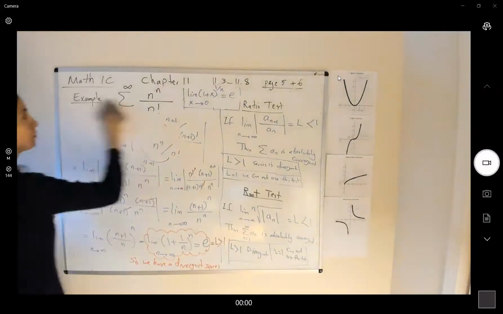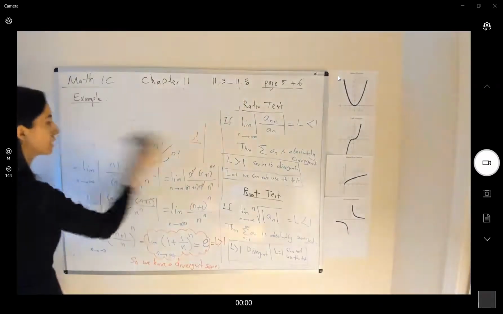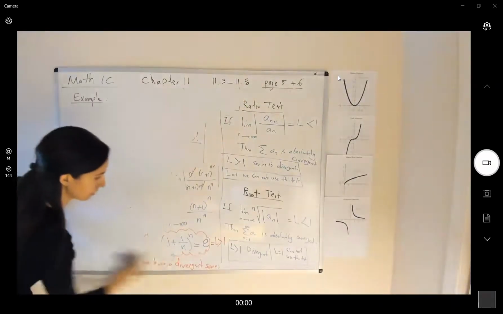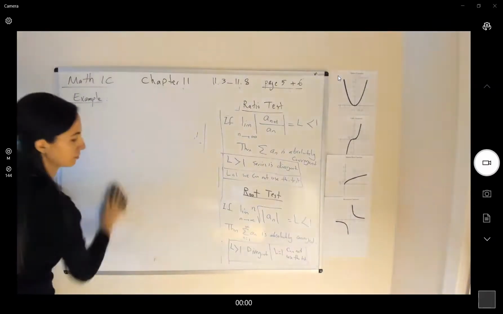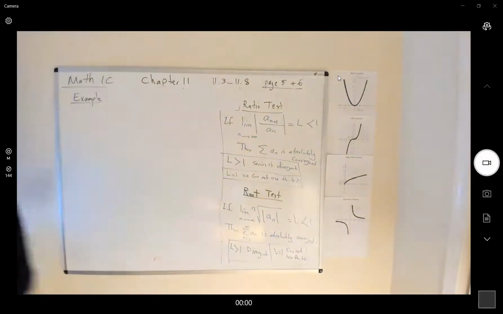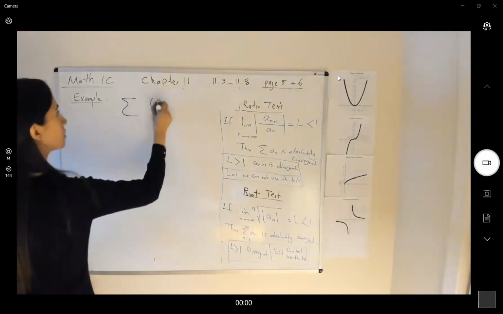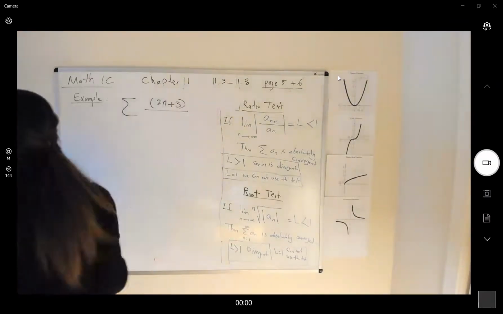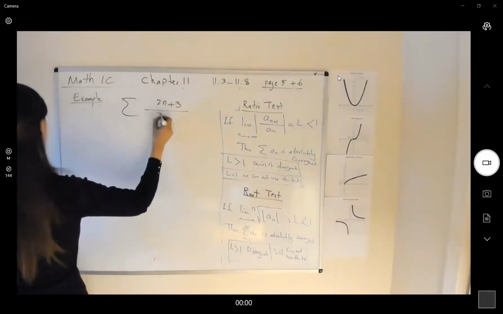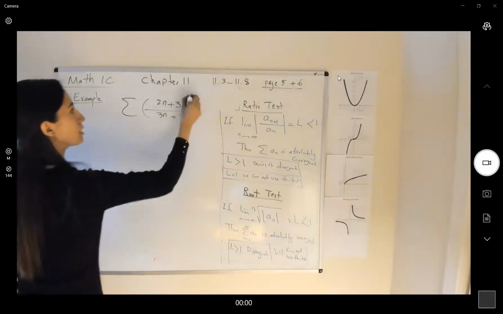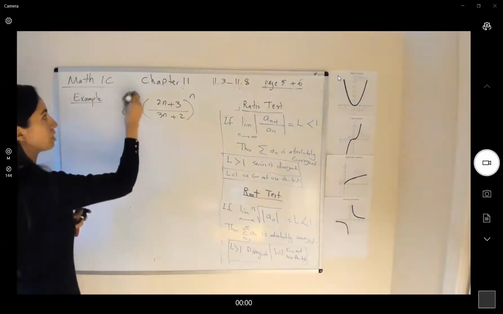Okay, another example. Let us see how we apply the root test. So suppose you have this series, (2n plus 3) divided by (3n plus 2), let's put everything inside parentheses, everything raised to the exponent n, n starts from 1 to infinity.